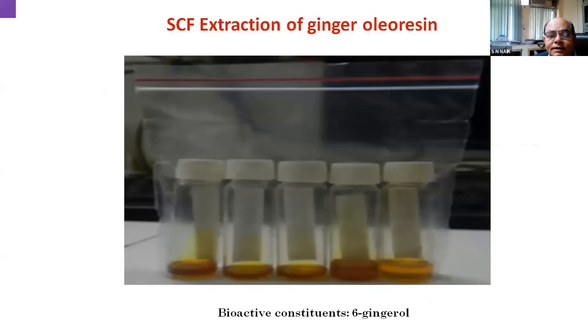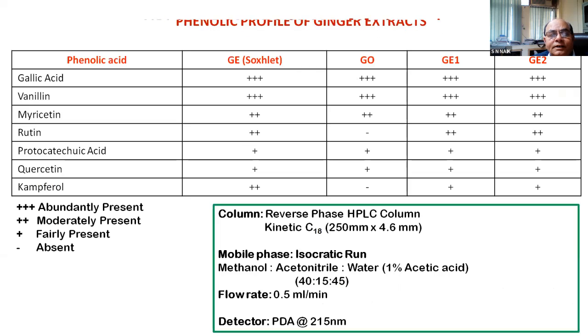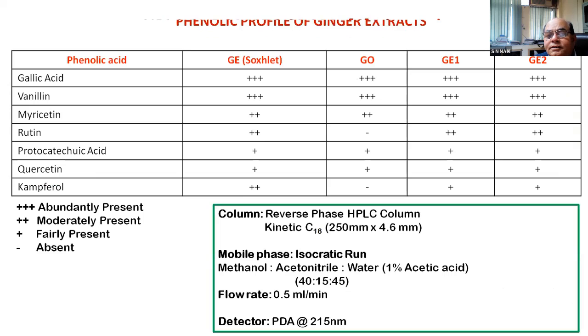Similarly, you can use the supercritical extraction process to optimize 6-gingerol, the phenolic constituent from ginger, and this can be analyzed by HPLC. We have optimized and published it also. Then we did phenolic tests, total phenol content in different extracts: gallic acid, vanillin, myristic, rutin, and others.